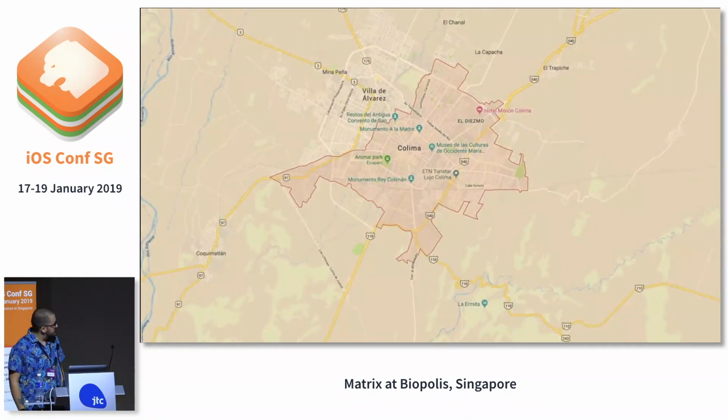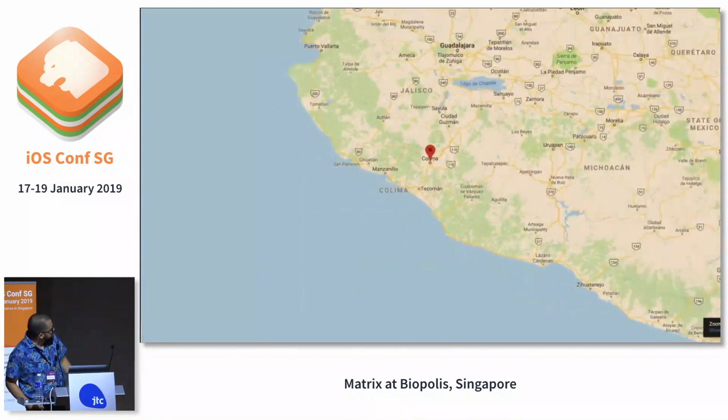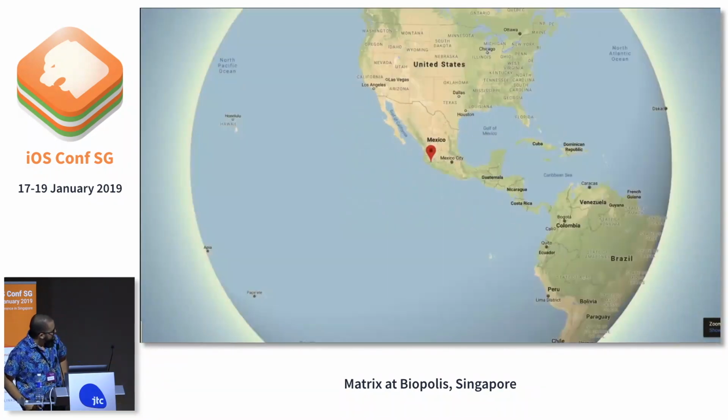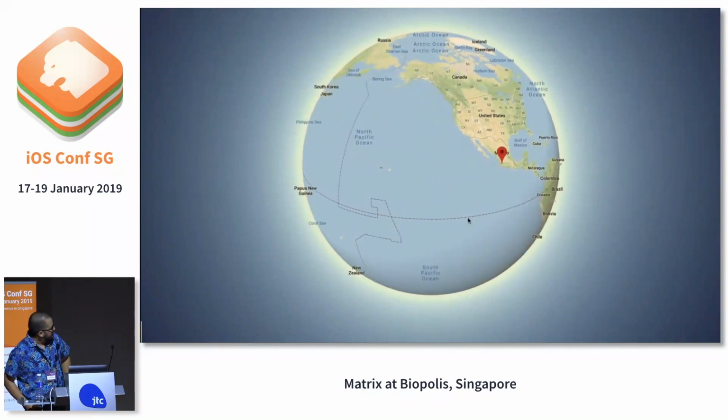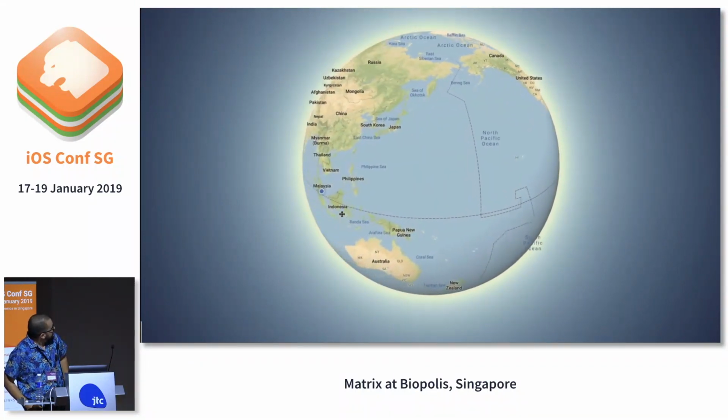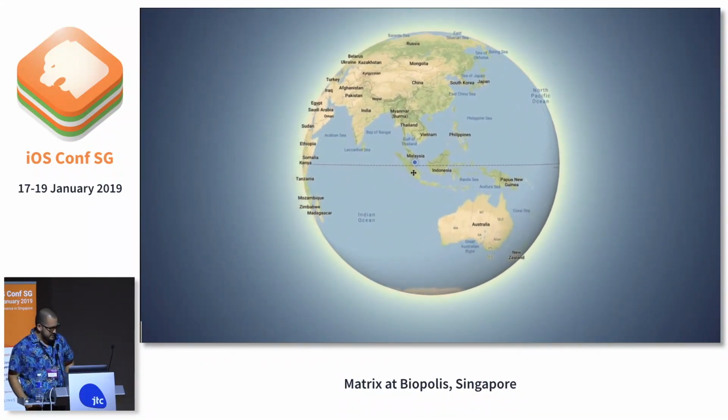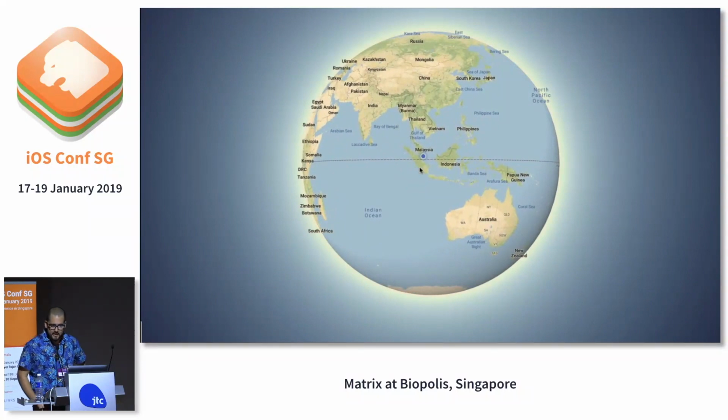So, I come from Colima. It's a really small city in Mexico. It's about 700,000 people in the whole state, and this is what it looks like. And fun fact is that it is literally on the opposite side of the world. So I'm going to zoom out a little bit and show you what I mean by that. So there's Colima in Mexico, there's Mexico in America, and it's literally on the other side of the world. It took me about 35 hours to get here.